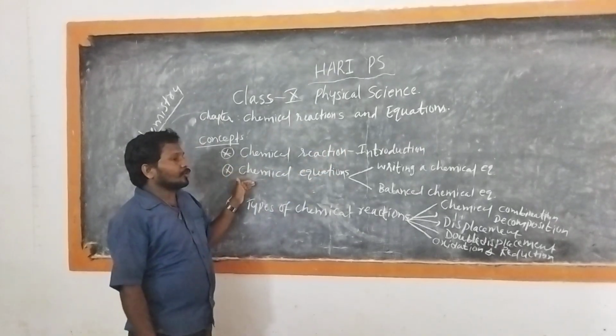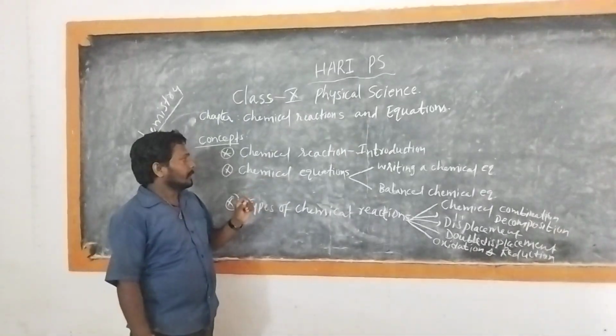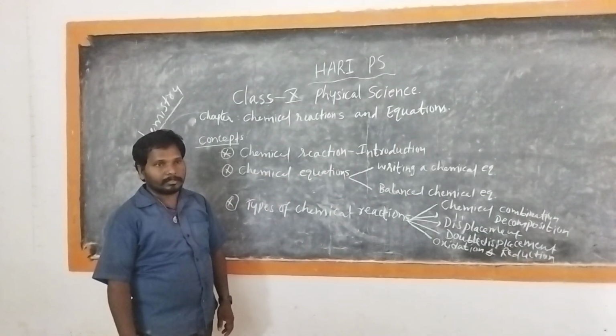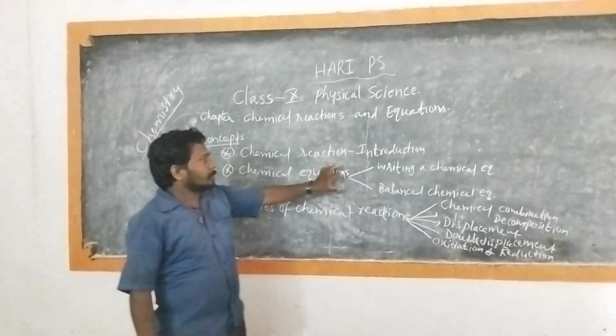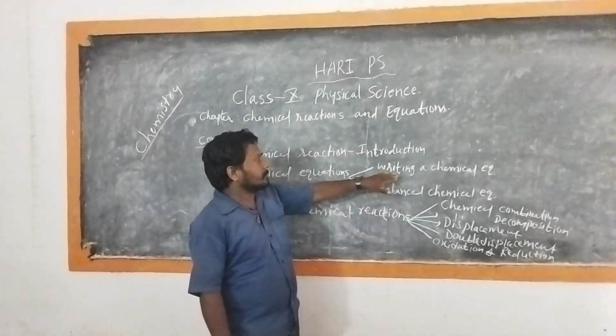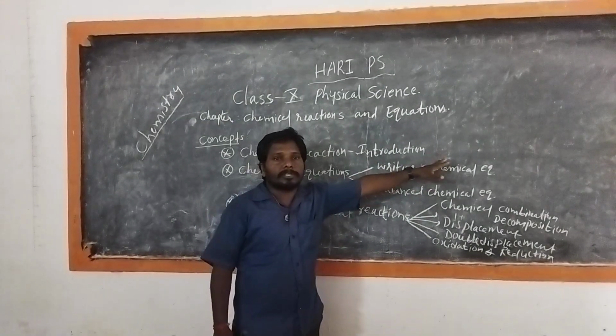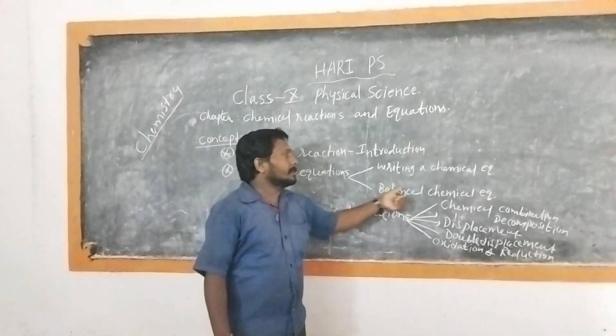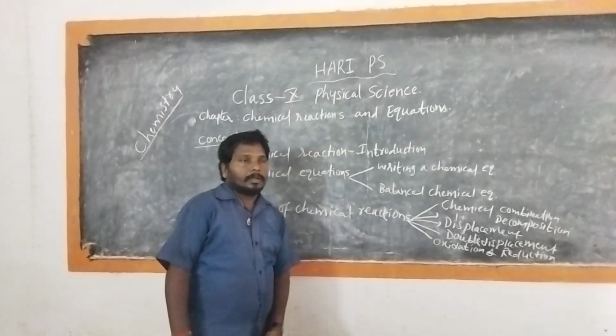Then, coming to the next topic in this chapter, chemical equations. In that there are two subtopics: one is writing a chemical equation for a chemical reaction, and the second one is the balanced chemical equation.